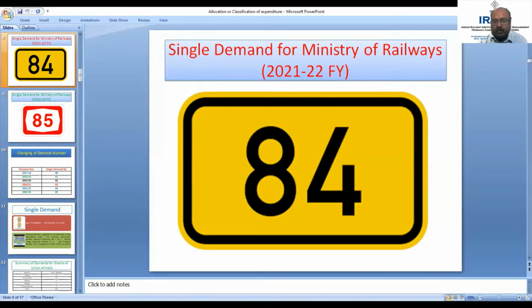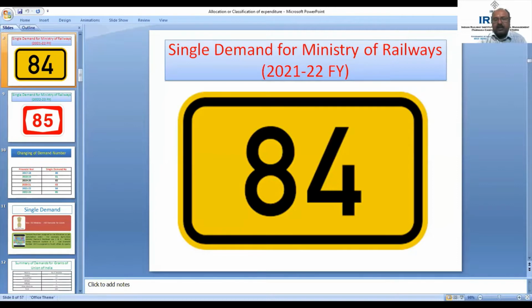From 2017-18, in the first year it was assigned demand number 80, then 81, 82, 83, and now in the current year 84. The next year's number is already assigned by the Department of Expenditure, Ministry of Finance, which is responsible for allotting demand numbers for all the ministries. So next year it is 85.